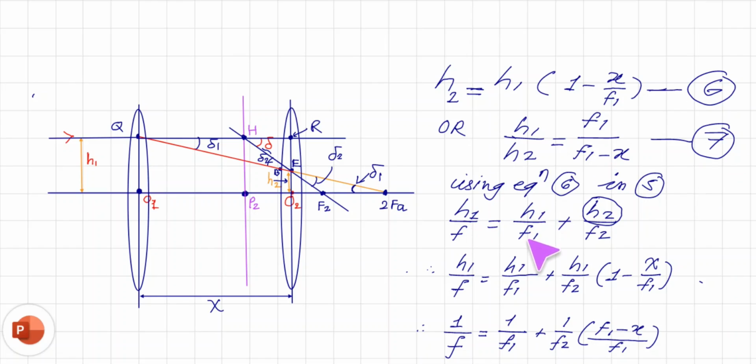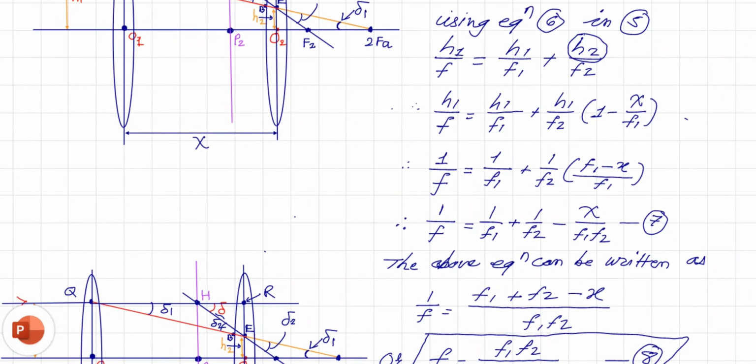Now using equation 6 in equation 5, we get h1 upon f is equal to h1 upon f1 plus h2 upon f2, and here we have to put the value of h2. So h1 upon f is equal to h1 upon f1 plus, instead of h2, we put this value, h1 into 1 minus x upon f1, divided by f2.